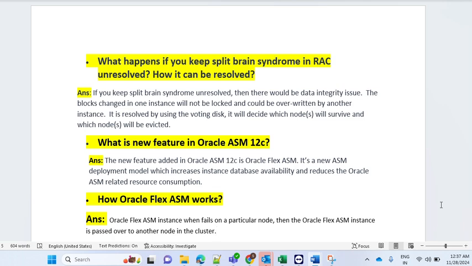How does Oracle Flex ASM work? When an Oracle Flex ASM instance fails on a particular node, the Oracle Flex ASM instance is passed over to another surviving node in the cluster. That way this feature gives an advantage: availability will still be there even if the Oracle Flex ASM instance fails.